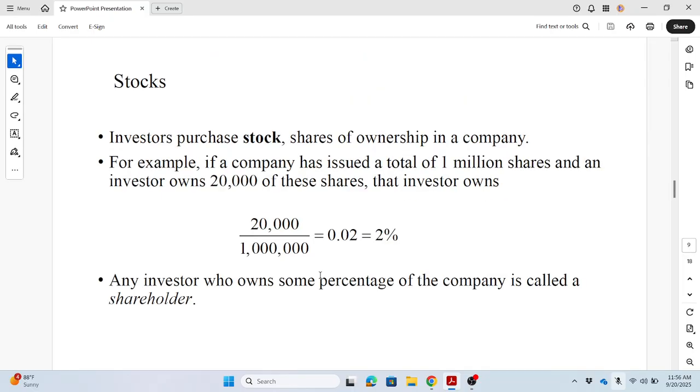A stock means there is a publicly traded company and you buy a share, a piece of that company. That's called a stock. An investor purchases stock, shares of ownership in a company. For example, let's say there are 1 million shares of a publicly traded company, and out of 1 million you own 20,000. Then you have 2% ownership in that company.